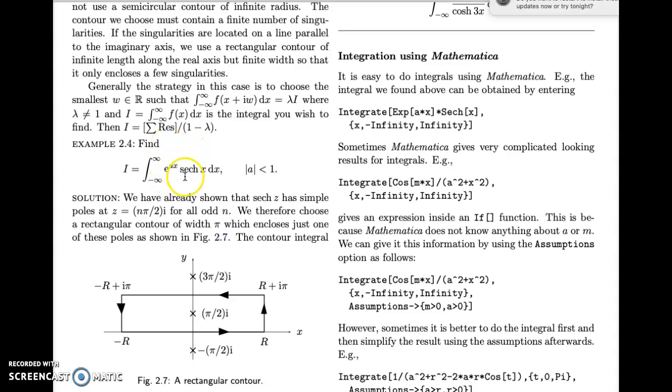So we want to find this integral here. Remember, sec x is 1 over cosh. So as I just said, cosh x has singularities at odd integer, half integer multiples of pi i along the imaginary axis like this.